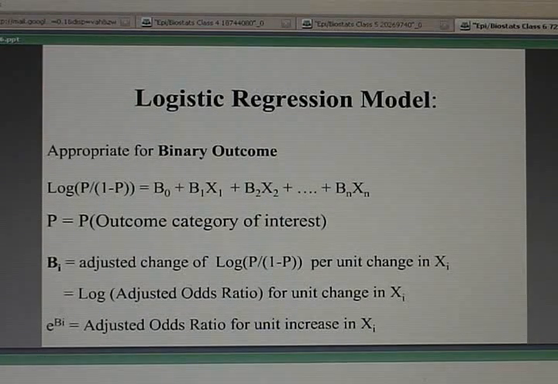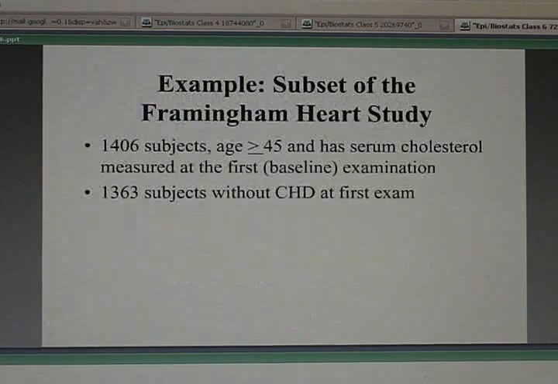So it would be the odds ratio comparing two people, one person who's 1 year older than the other person. If you get rid of the log by taking the exponential function, e to the beta 1 becomes nothing more than the adjusted odds ratio. That's how we control for confounders when we have a binary outcome, by using logistic regression models.